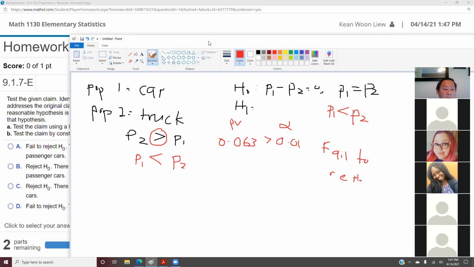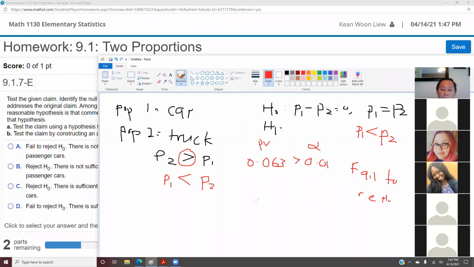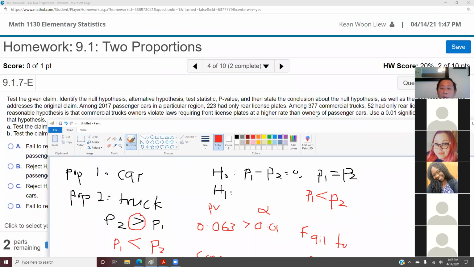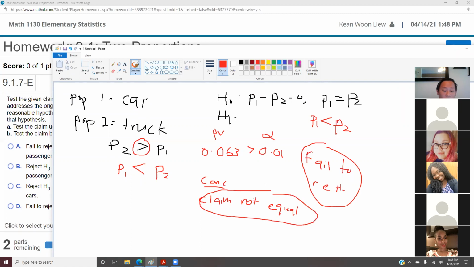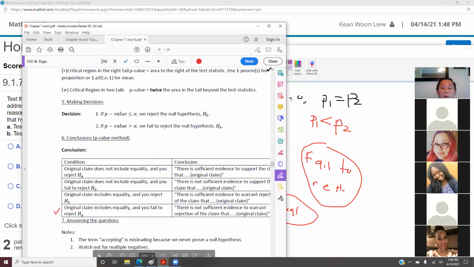You fail to reject. And when you fail to reject, do we have the conclusion now? Does your claim statement have equality or no equality? Since we are doing higher or less than here, does that have equal or no? No. So your claim has no equal sign, and you fail to reject H0. These are the 2 things that you need to combine. Now refer to your table here.